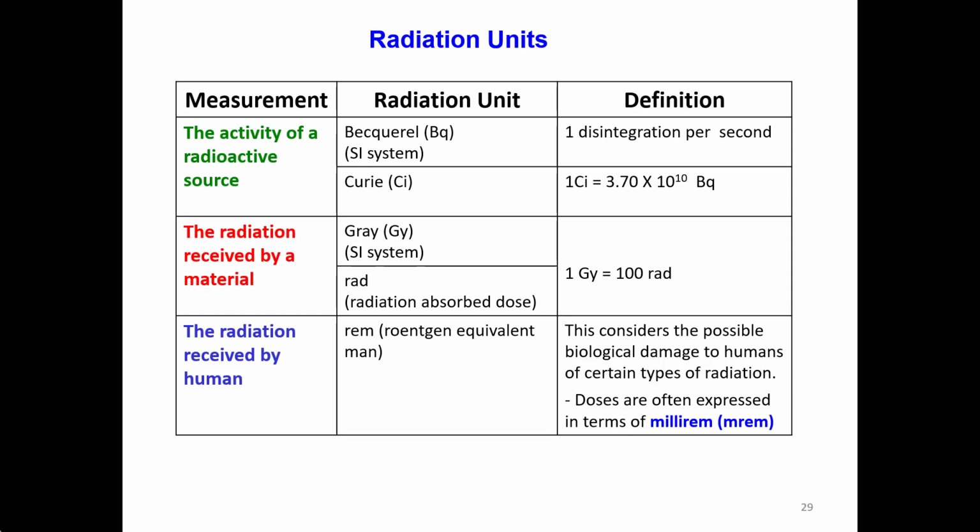Usually the doses are often expressed in millirems. If the radiation we receive is in REM, then it can be dangerous for us, so usually the radiation we receive is in millirems.